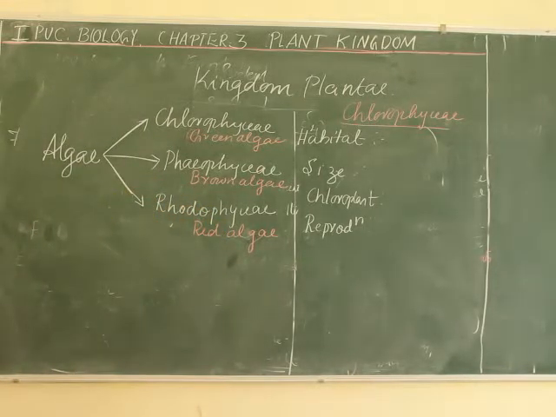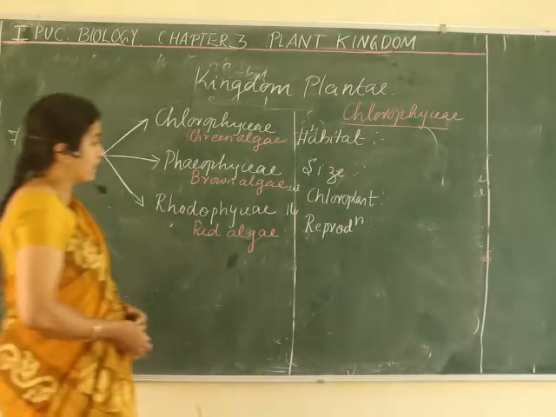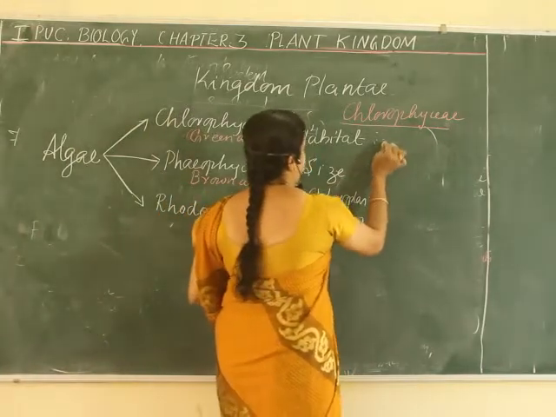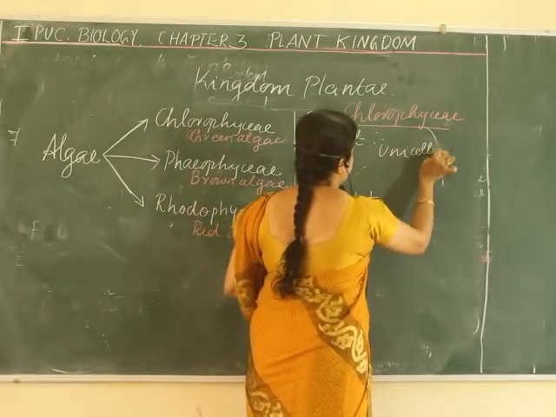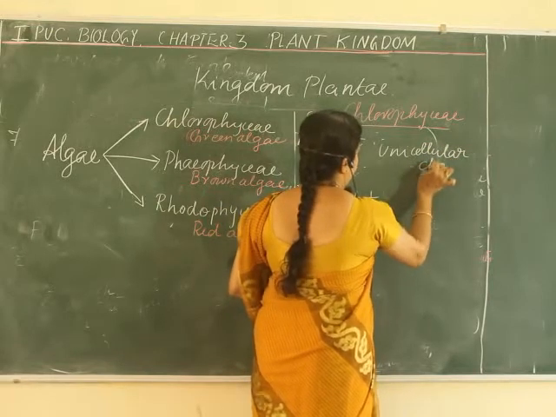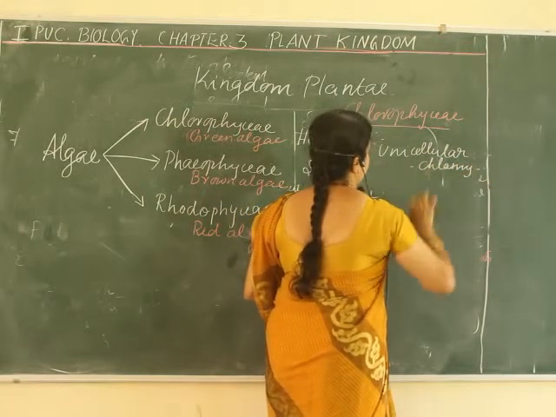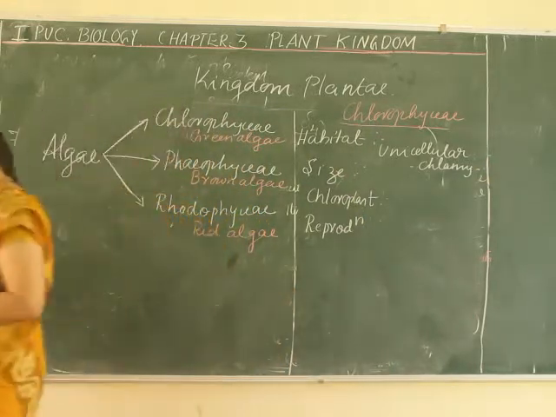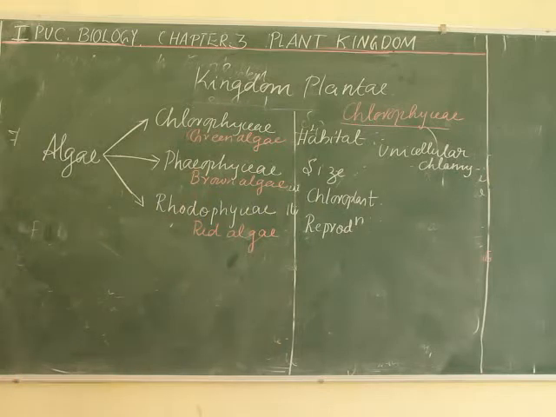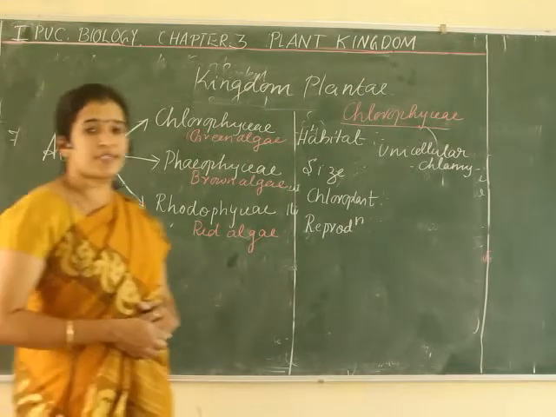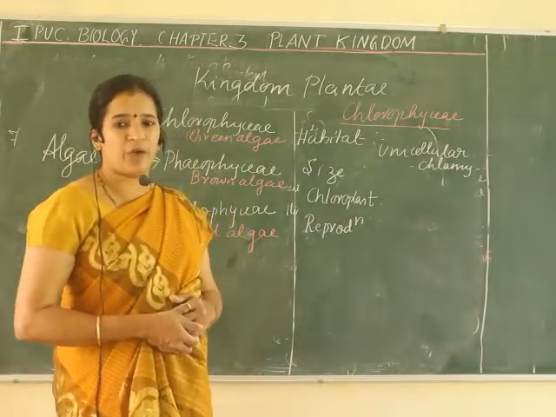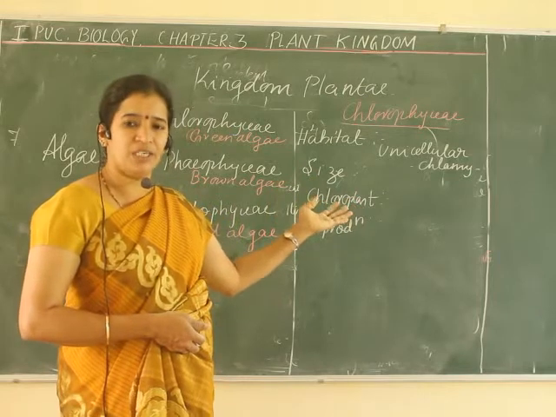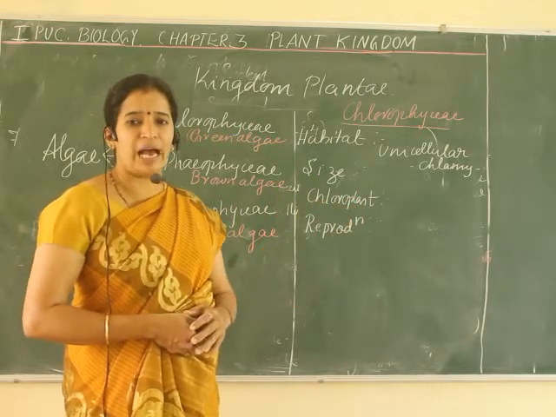Then we'll start with their size. The plant body is unicellular in case of Chlamydomonas, colonial in case of Volvox, then filamentous in case of Spirogyra. This is the same information we discussed in the beginning of algae features.